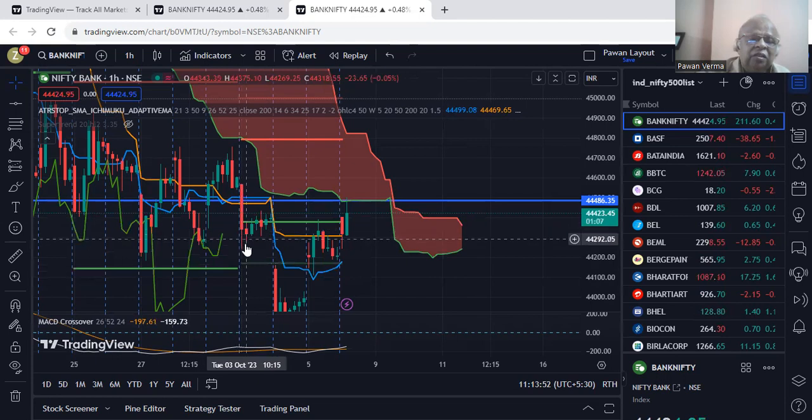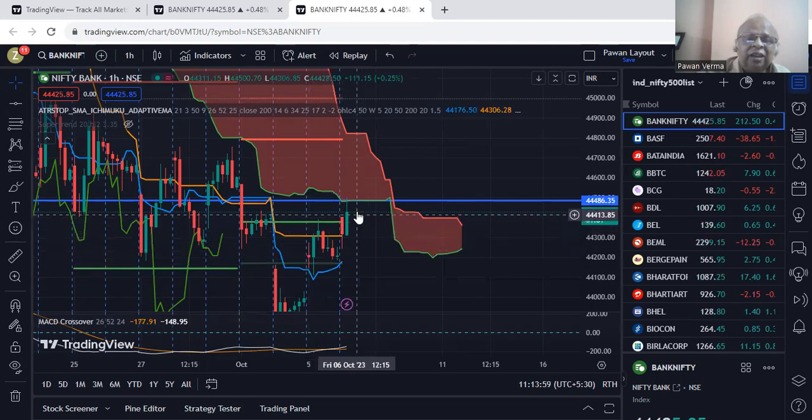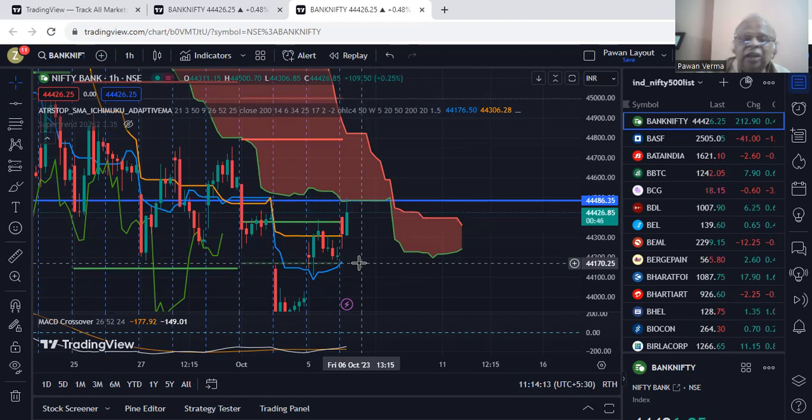When the Chikou span moves down, obviously the formation of a red candle will be seen and it can retrace up to the level of 44,170. This is the level.